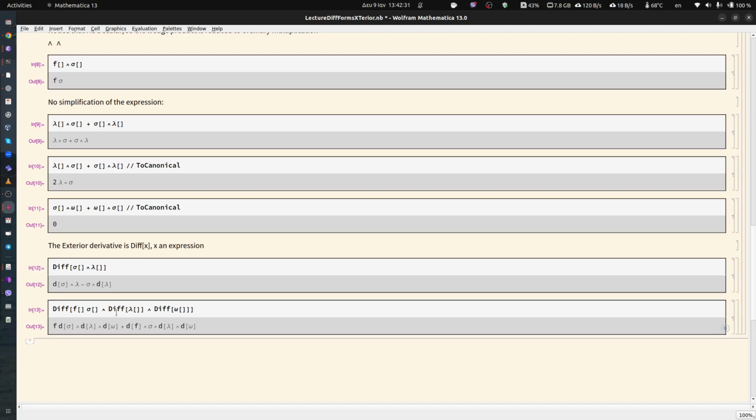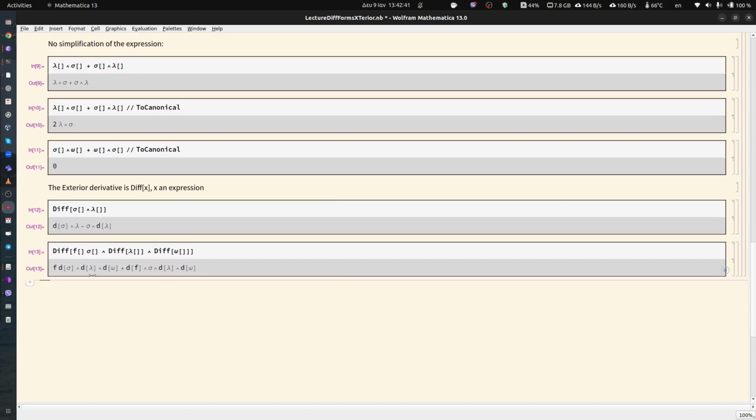Of course, when it acts on the other factors of the product, it gives 0 because d squared of anything gives 0. That is why we only have two terms here. And we see that the first term gives the action of d on sigma, and the second term gives the action of d on f.